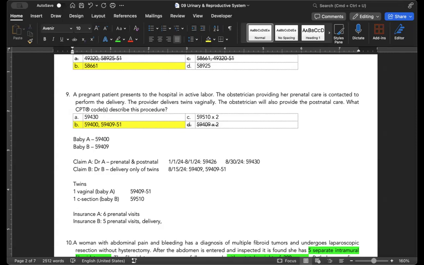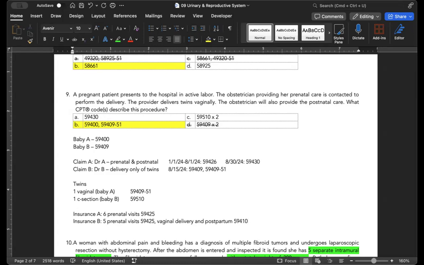Delivery, and then we'll do postpartum care. So your 6 prenatal visits for insurance A would be 59425. The 5 prenatal visits for insurance B would be 59425 again. Then we would do delivery, we'll say vaginal delivery, just to keep it as simple as possible. So you have a vaginal delivery code, including postpartum care, and this would be code 59410. Does that make sense?